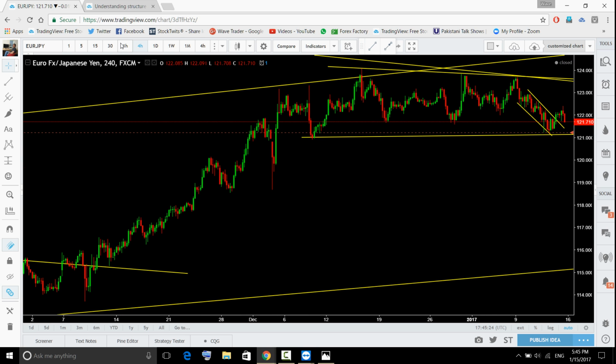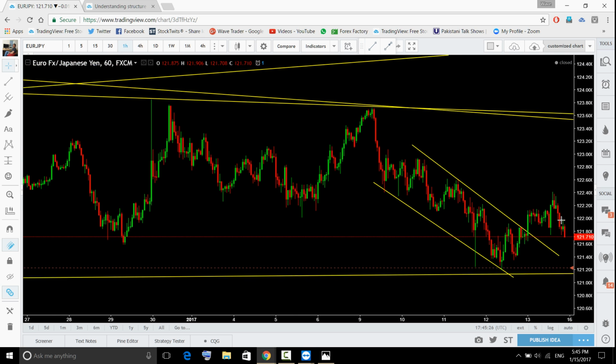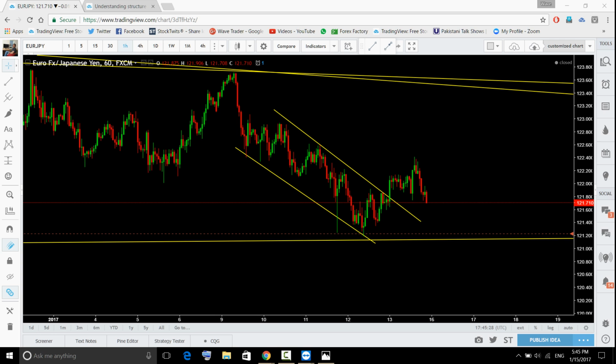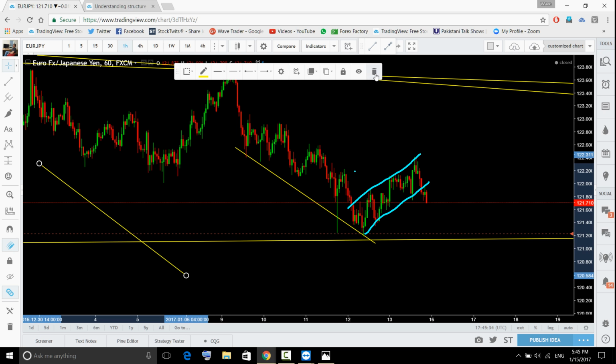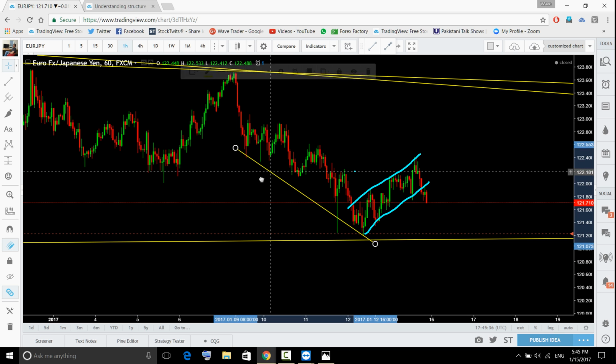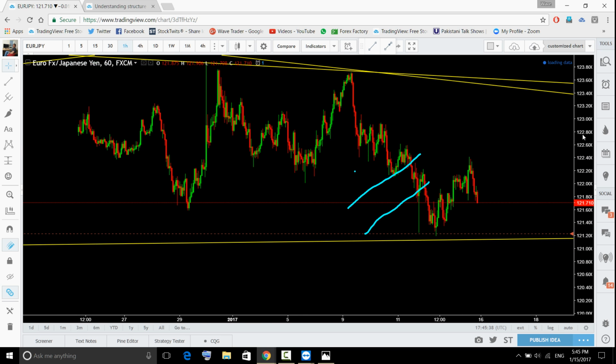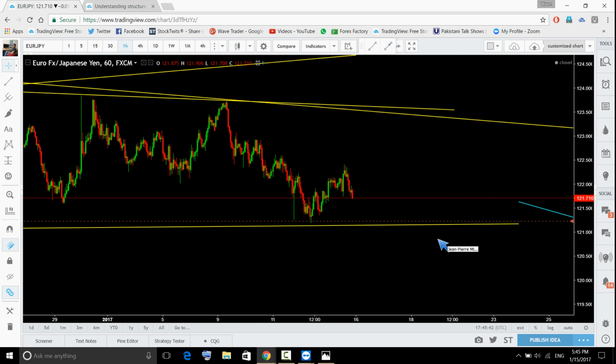When we look at this specific part, we can see the up move wasn't aggressive either, so this is also corrective, forming something like a trend continuation flag. It can break to the downside.